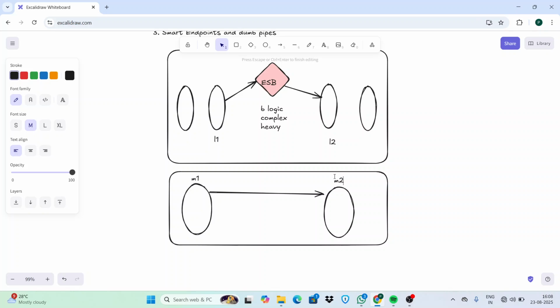If M1 wants to communicate with M2, the communication should be as simple as possible, just passing text messages. So the communication happens in microservices through REST over HTTP.